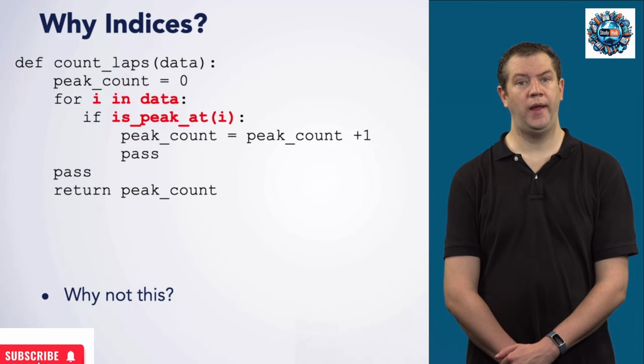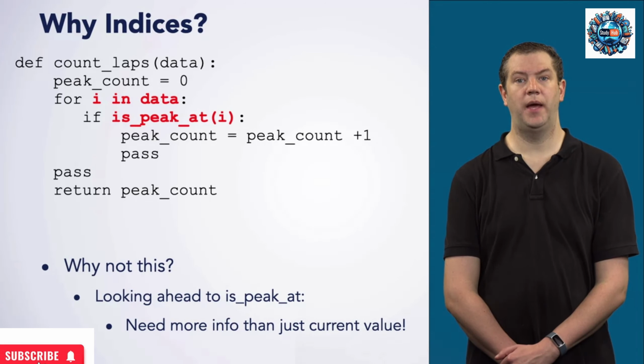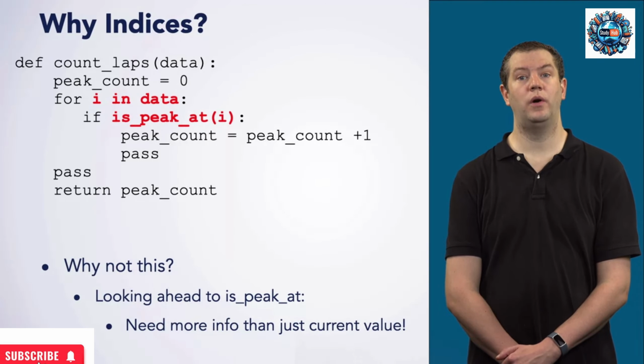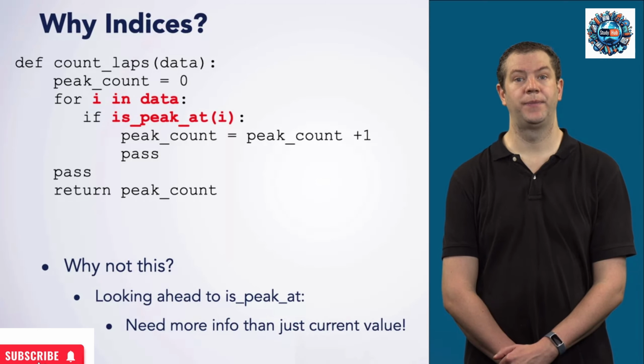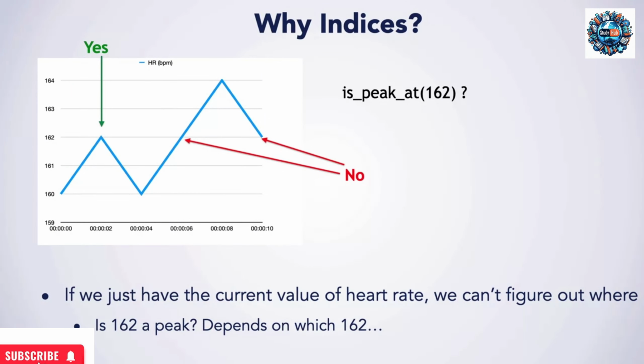Or, put a different way, why did we not just do this? I'm thinking ahead a little bit to what I will want to do for isPeakAt. Even though I have not thought through the entire problem, it seems like isPeakAt will need more than just a single value from the data. For example, if we just passed it one value, like 162, we can't really answer the question.